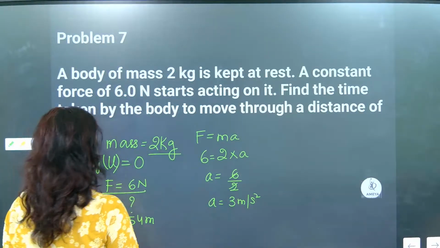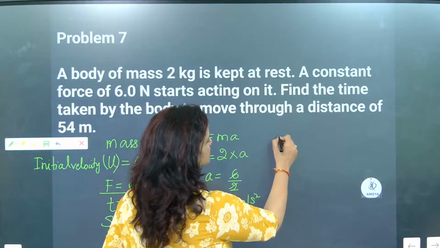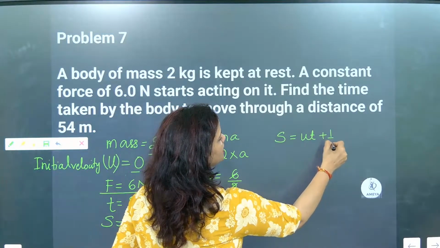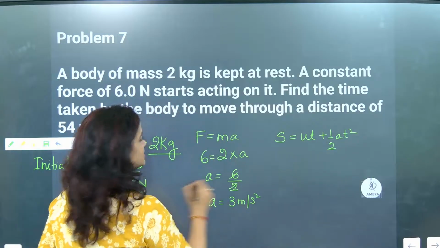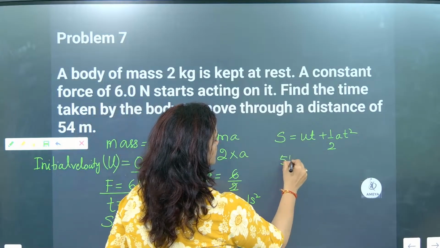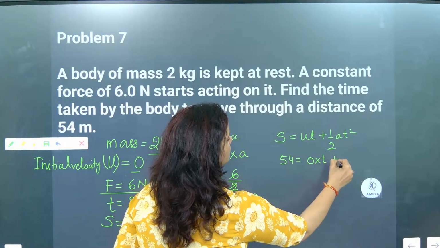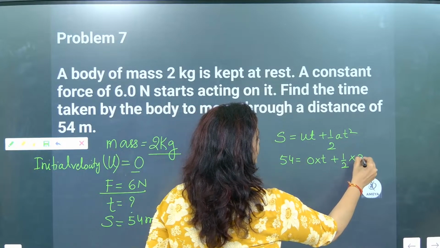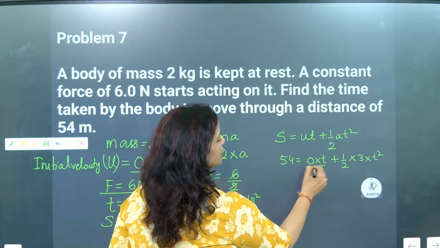Now we have acceleration. Now initial velocity is 0, so it is the best part for us. S is equal to ut plus half at square. What is S, beta? S is 54. Initial velocity 0 into time plus half, acceleration 3, into t square. Now this part will become 0.